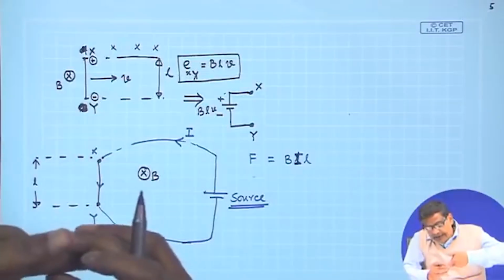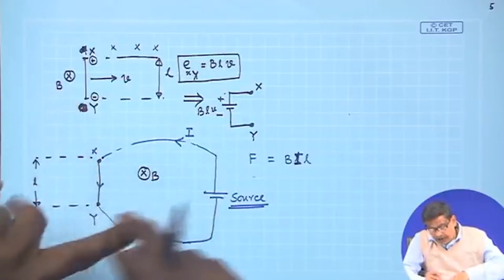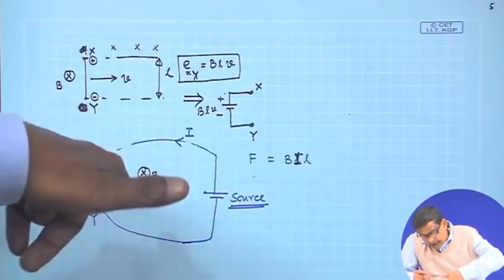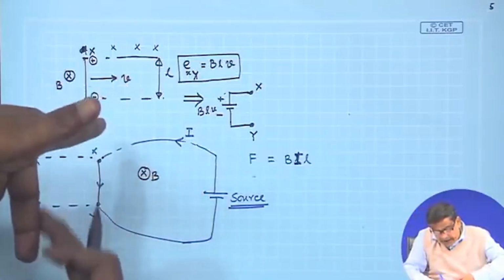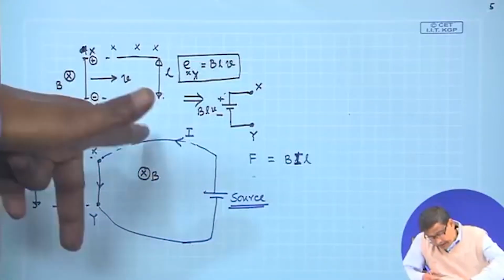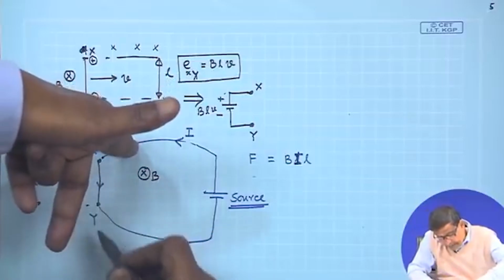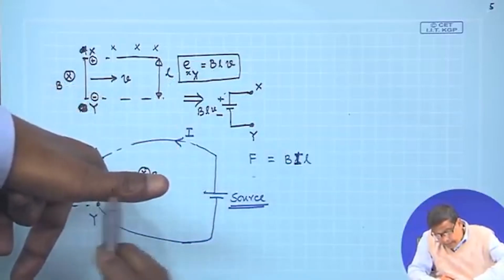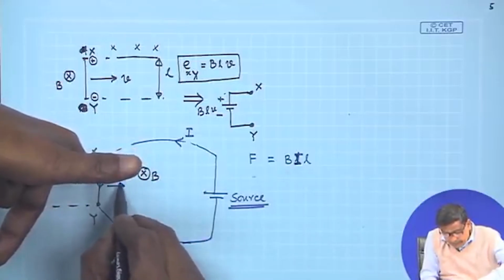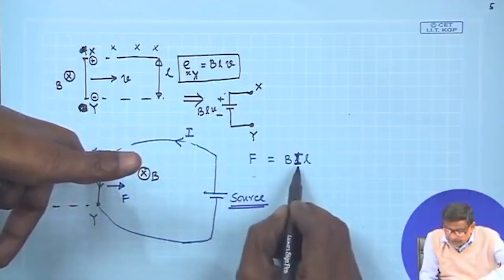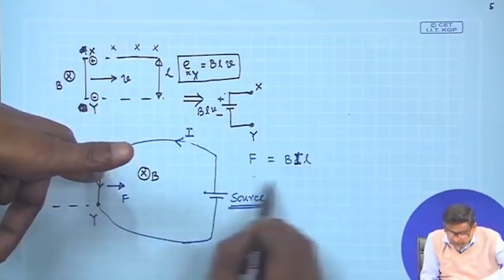So, once again the forefinger is the direction of B, that is into the paper. The middle finger is the direction of the current, that is this way, and then the thumb will give you the direction of the force. So, magnitude of the force is BIL and it will be towards right.